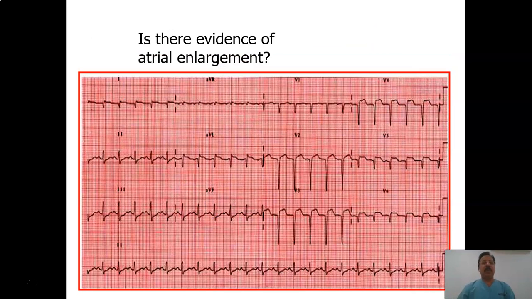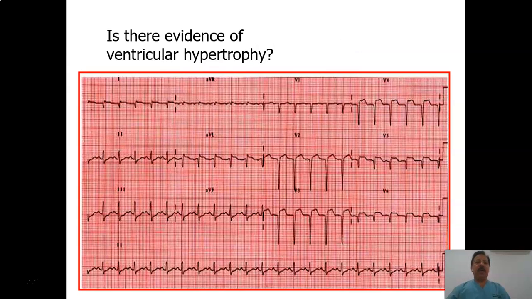Look at the hypertrophy. First we have to look at the atria, then the ventricles. As far as atrial hypertrophy is concerned, look at lead 2. Is there any tall P wave more than 2.5 mm? The answer is no. For ventricular hypertrophy, look at both the left and right ventricles. First the left ventricle: look at the deepest S wave, in V1 or V2.